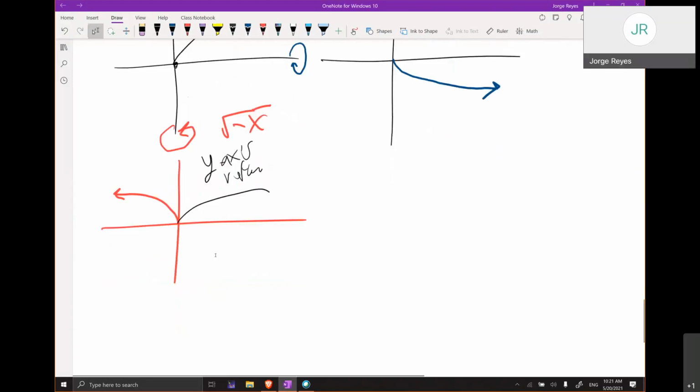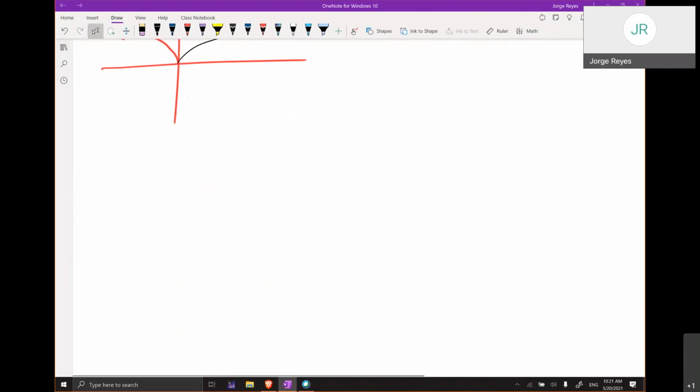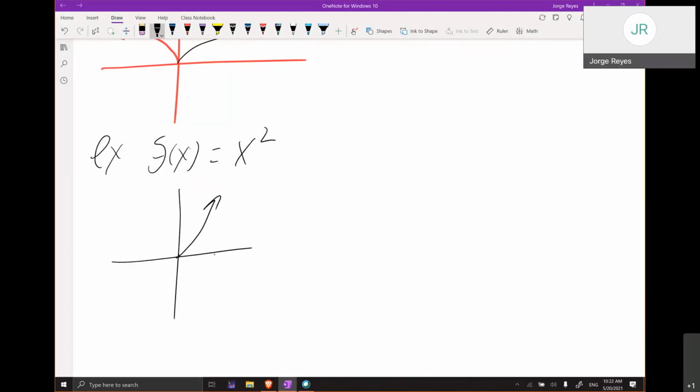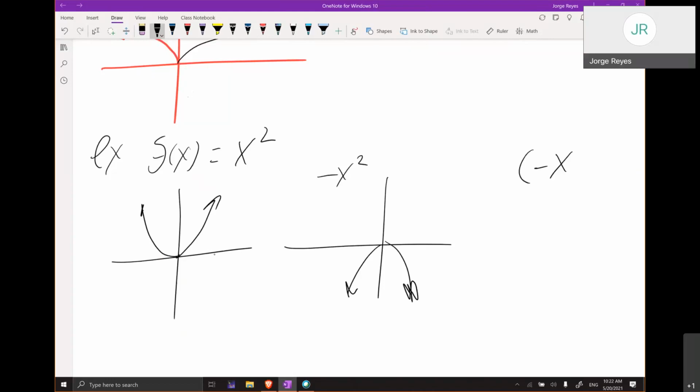But we see here's some special stuff. If I were to do the same thing with x squared, I can do the x-axis reflection. Negative x squared will look like this. But if I try and do the y-axis reflection, maybe I should color code it.